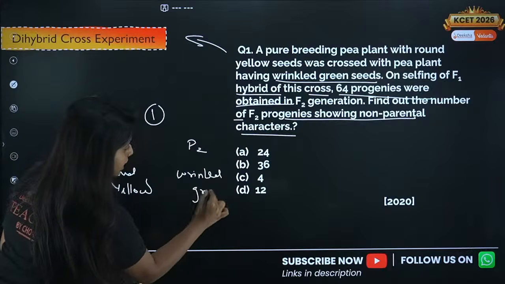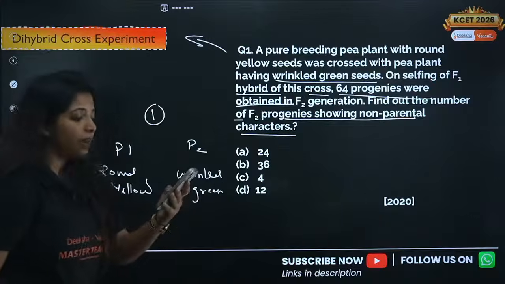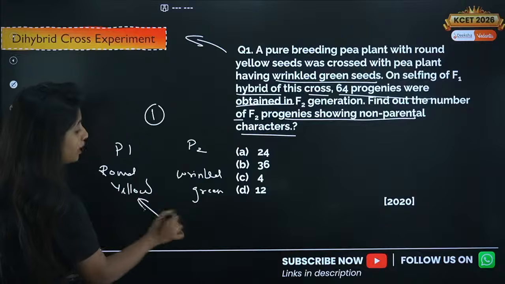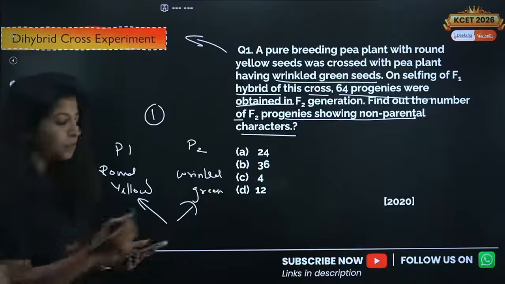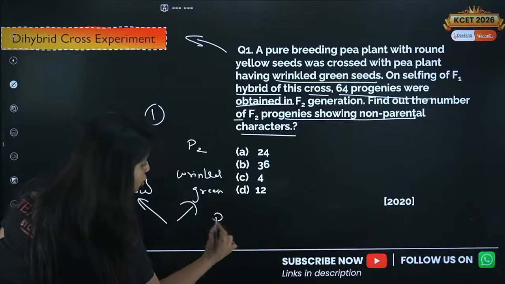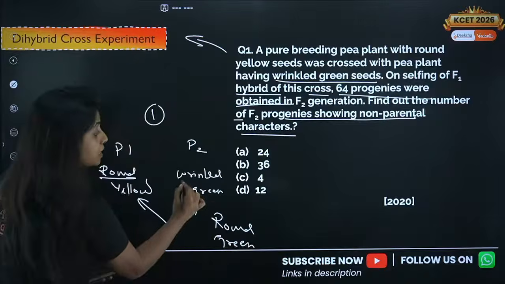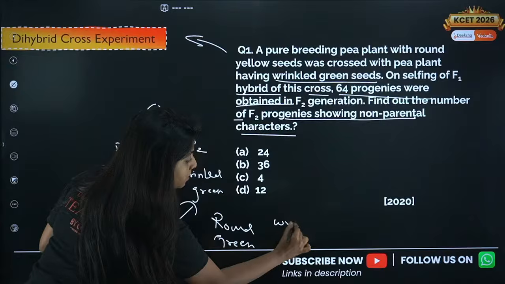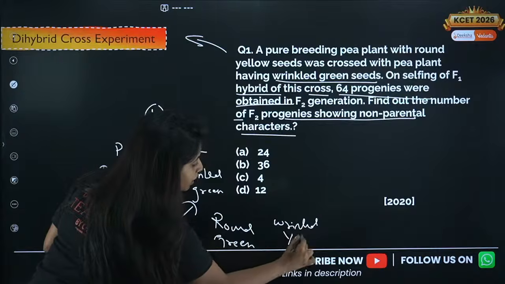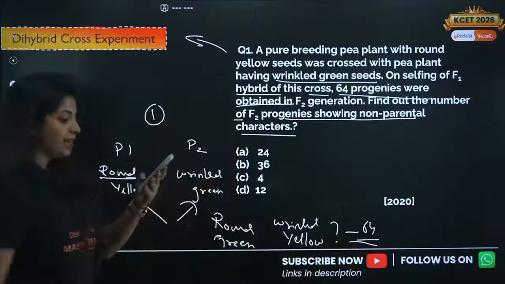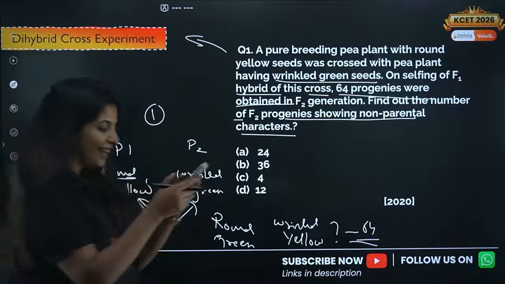Now they are asking how many of the progenies will have something which is not like this, something new. That means this time the progenies could be round and green instead of yellow, and instead of wrinkled and green, they can be wrinkled and yellow. So how many out of 64 will be like this? That is the question. MD Shakil, hi dear.